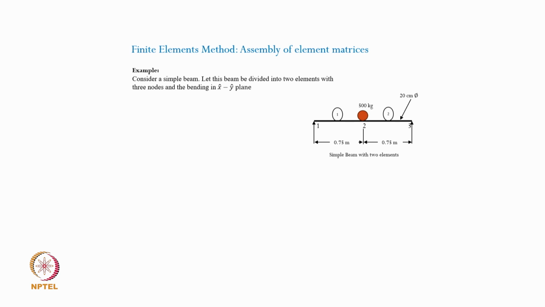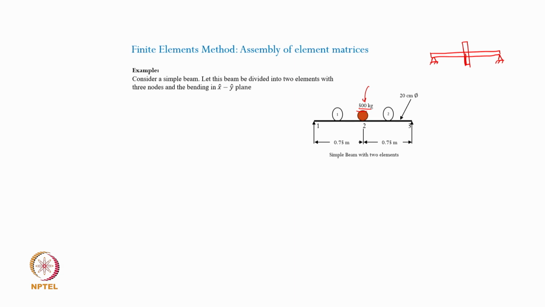So, we take a small example here of a shaft which has a disc at its midspan and is supported in bearings. We treat this as a simple support, and the disc in the center is considered a point mass, which is represented by a 500 kg point mass in the center of the span.